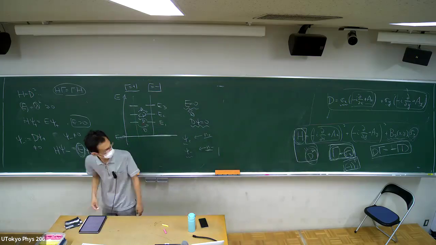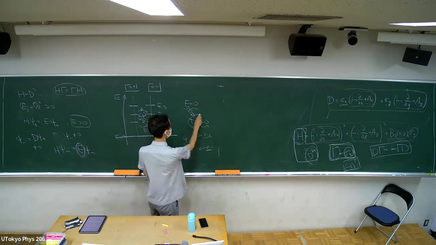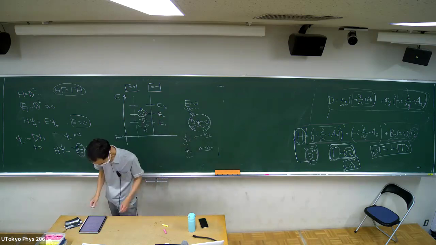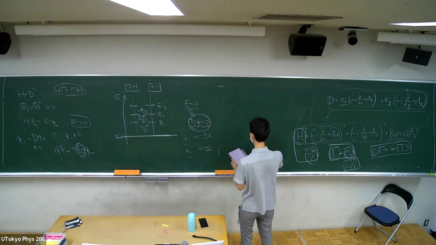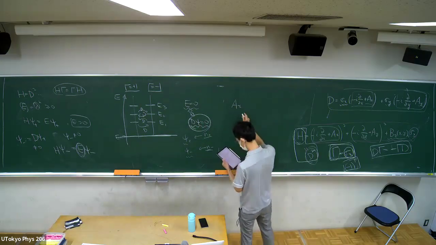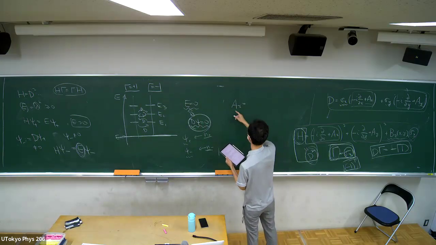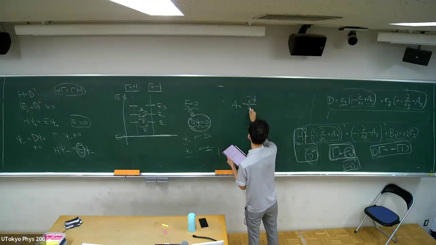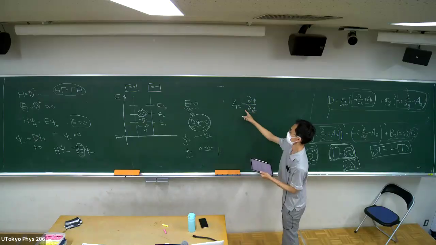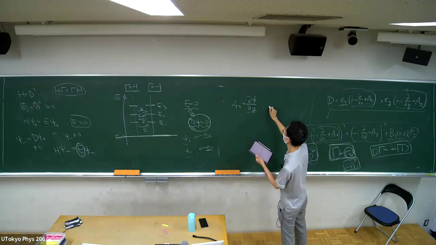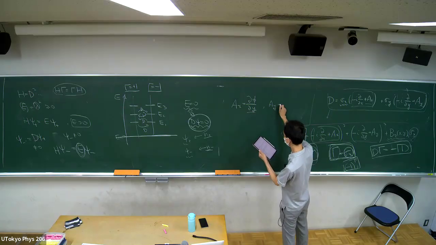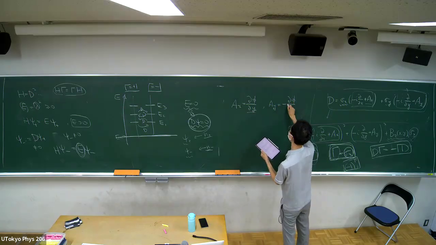So in this case, we can actually solve this equation very explicitly. So let me do this for you. We introduce a function phi such that A_x is partial phi over partial y. Notice that the sign is a bit different from the ordinary gradient, but it's very close.